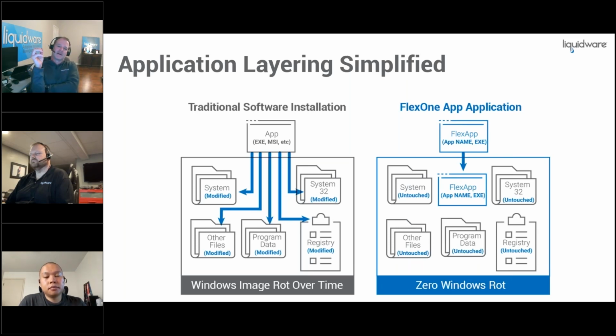If you look at this slide, you have traditional software installation on the left, where when you install an application, it actually modifies, we like to say tattoos, the OS and the registry when it puts files all over, and that's illustrated there. You've got files that go in these places, and sometimes more, to make that application work. And that's the way Windows applications have historically worked.